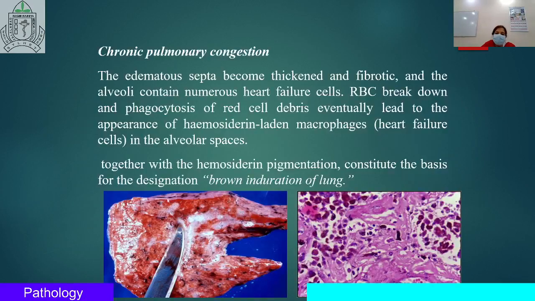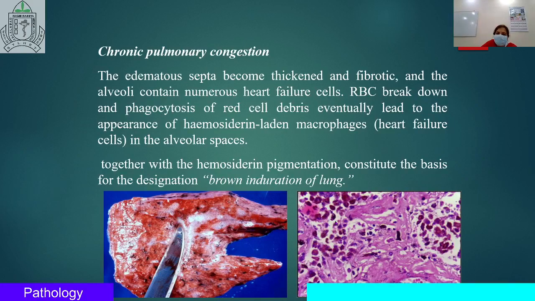In chronic pulmonary congestion, these septa become fibrotic, which is a component of chronic inflammation. So these edematous septa become fibrotic, and the alveolar hemorrhages present in acute pulmonary congestion undergo breakdown, forming heart failure cells.